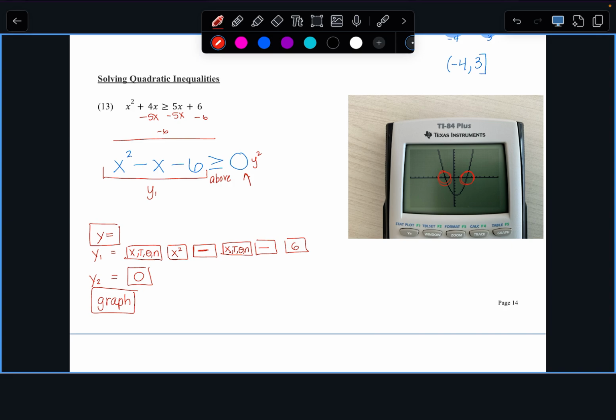If you press second trace, option 5 is where they intersect. So it'll ask first curve. You can just use your left and right arrow buttons to go over to that first point. Press enter, enter, enter.